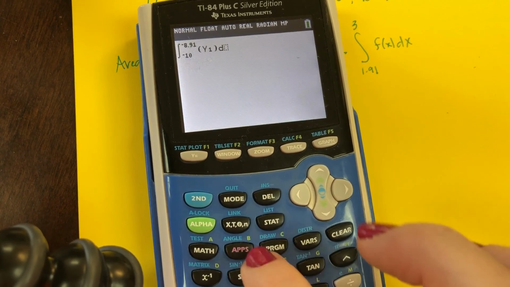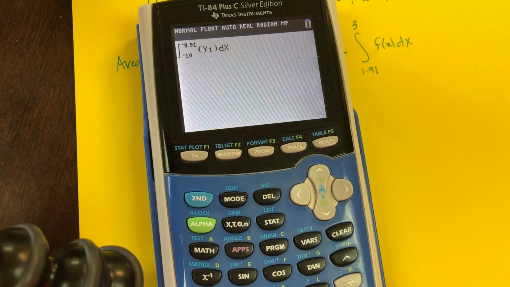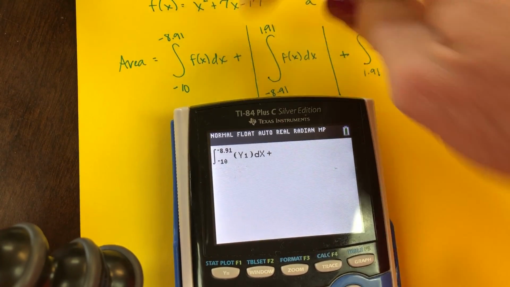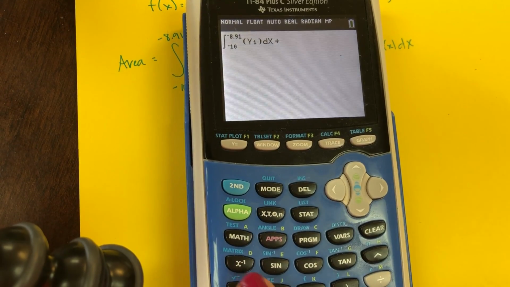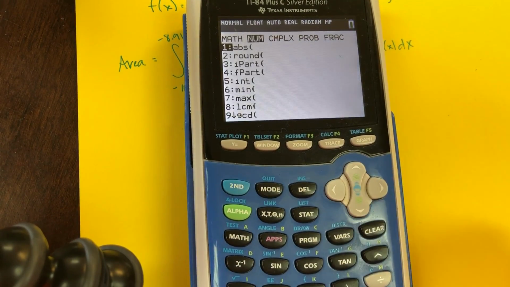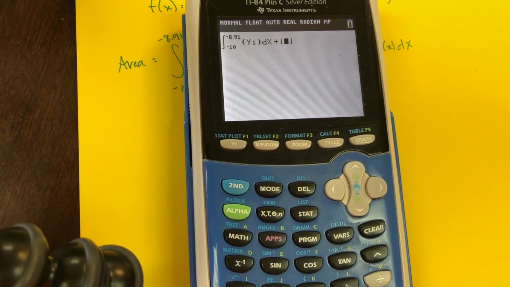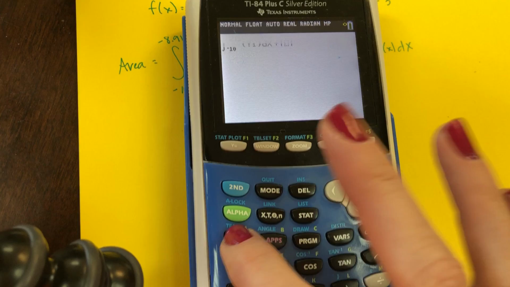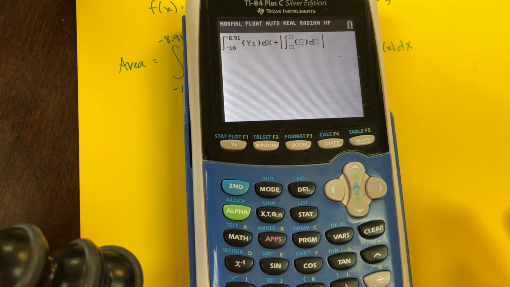Bump, that's an X. I'm going to add that to, now I've got to set up absolute value signs first, and remember that's under the math key, the number menu, ABS. We're going to take the absolute value of the integral, so I've got to hit math 9.